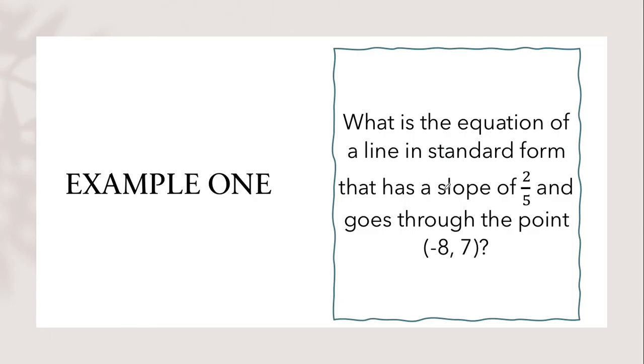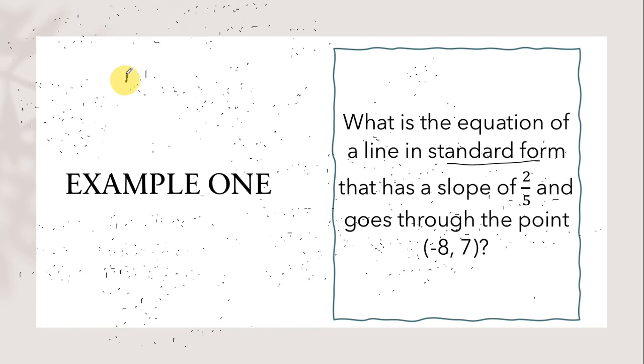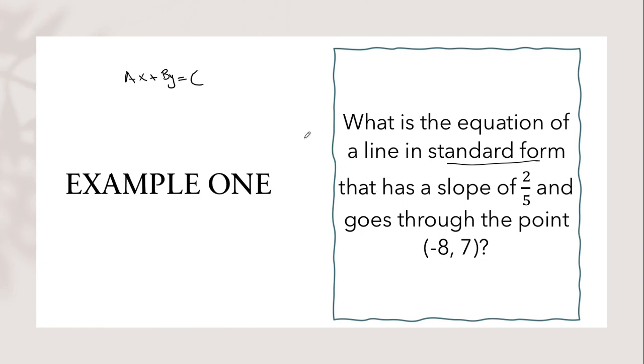Last thing is something that we've already done. What's the equation in standard form? ax plus by equals c is standard form. That has a slope of 2/5. How do I label a slope if I want it in standard form? A over b. And goes through the point negative 8, 7. How do I label a point? X, y. And I'm going to plug all that in.